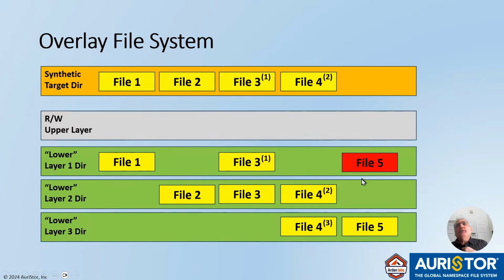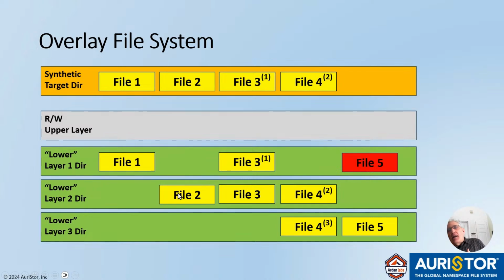What an overlay file system would do is say, I want to create a synthetic directory that's a merging of all of these, kind of like overriding in an object-oriented programming language, where if these were subclasses, if I called a function, file 1, I'd see this file, even though it's not in the first layer.